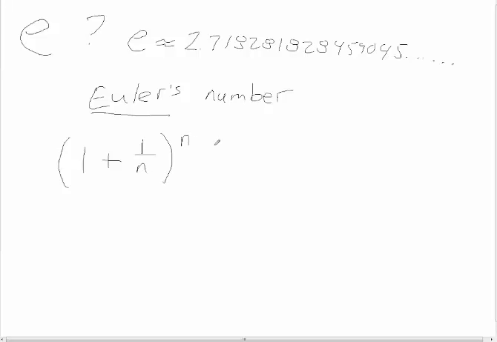if we take this relationship, 1 plus 1 over n to the n, as n gets really, really big and goes to infinity, this relationship goes to roughly e.